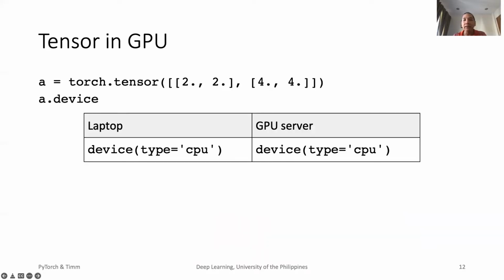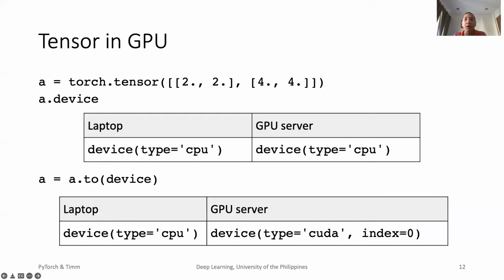By default, TensorA is in CPU even if AI accelerators are available. In PyTorch, we have to explicitly tell that TensorA must be loaded in GPU by calling the to method of TensorA. After calling to device, the tensor is now in GPU 0. In this server, there are multiple GPUs on board.